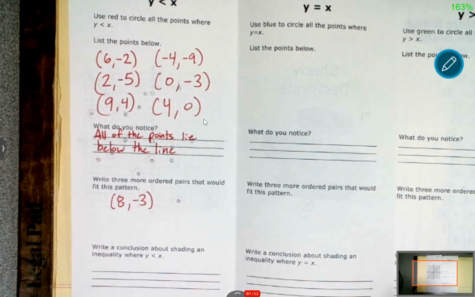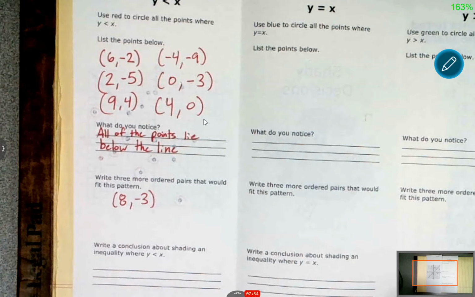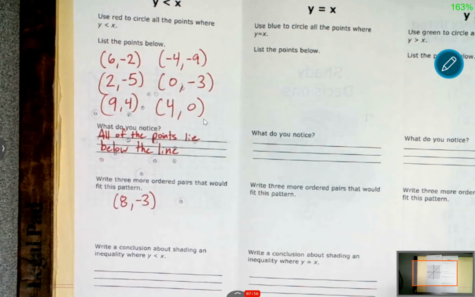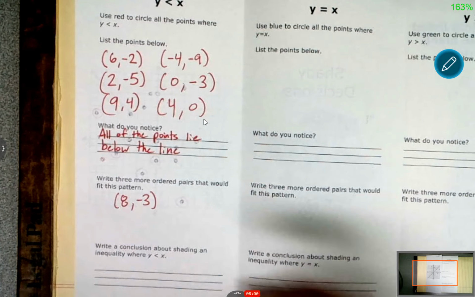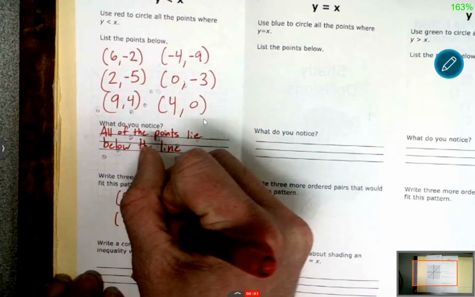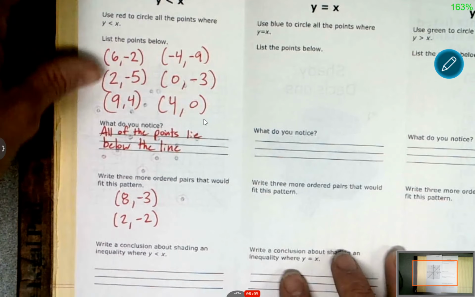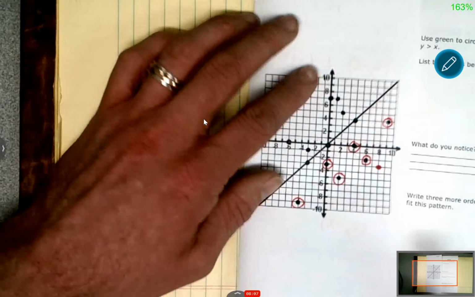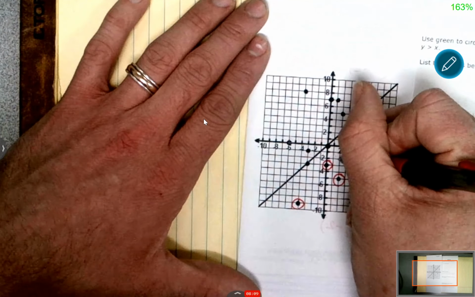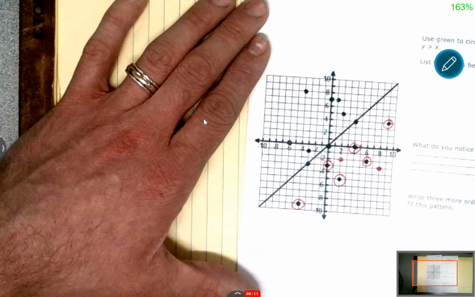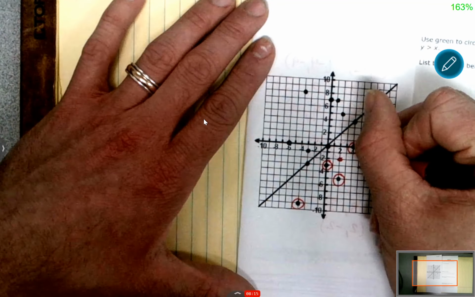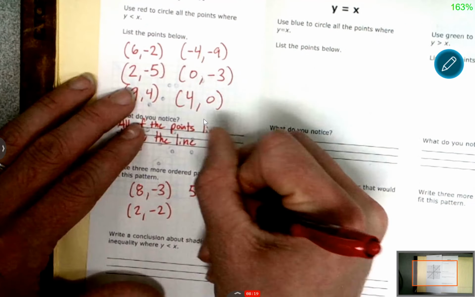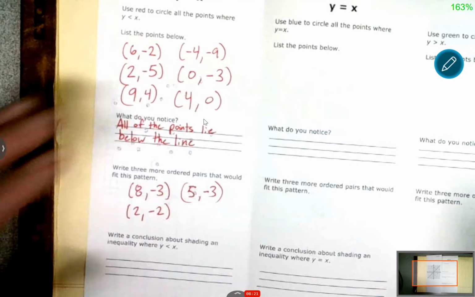Any other points? They lie below the line. Kaiser? 2 and negative 2. 5, negative 3. All valid examples where the y value is less than the x value.